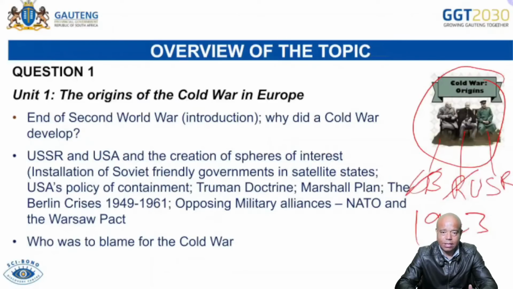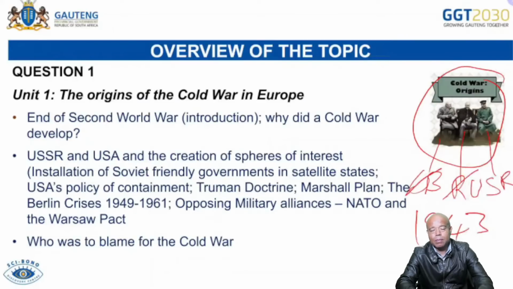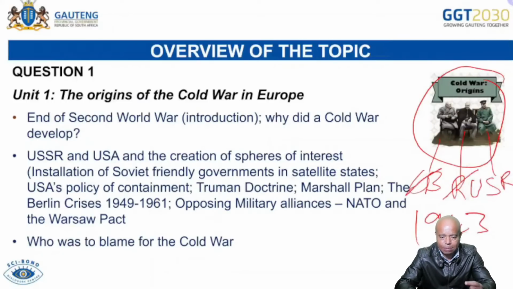Then he objected. He said, why must you occupy the capital? Because the capital was in the Soviet zone. Remember now, Germany is divided into 4 zones. So in the Soviet zone was the capital. We understand politics. You control the capital, you basically control the country as per se.